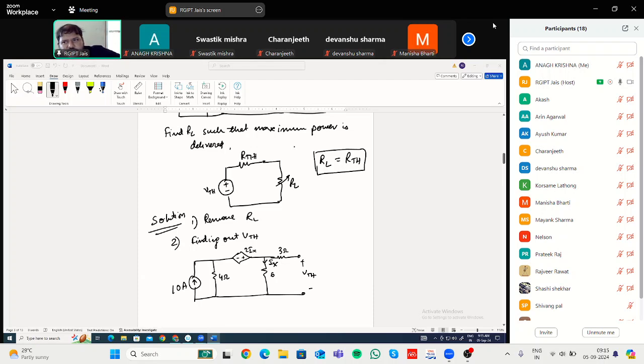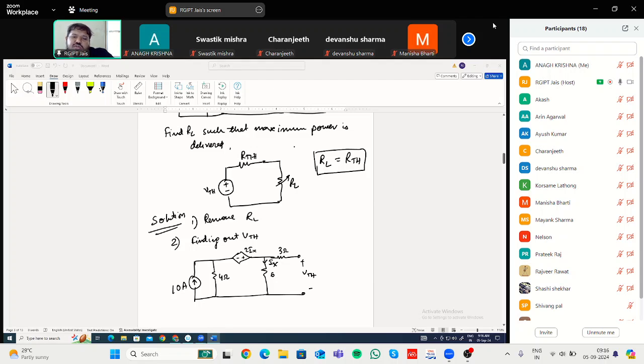There are many methods that you can use. One thing, just by seeing this part, you can use source transformation. That means there is a current source and in parallel there is a resistance, so you can convert it to a voltage source and a resistor in series. That you can do. Else, you can see that there are two meshes.